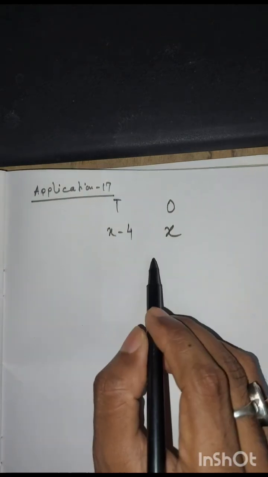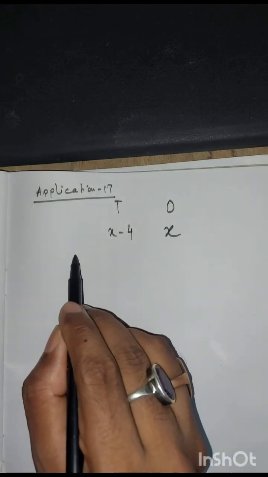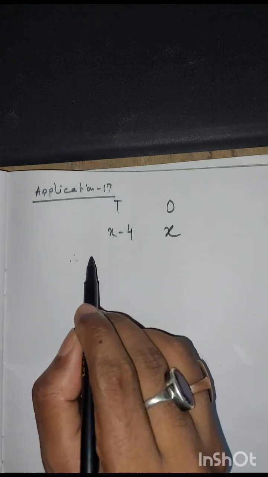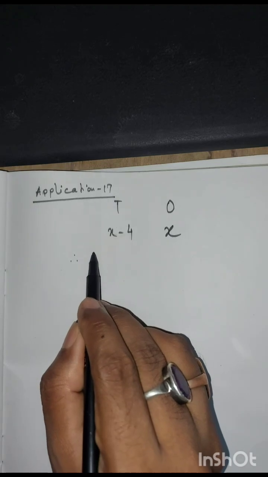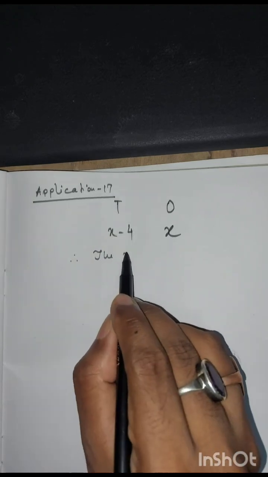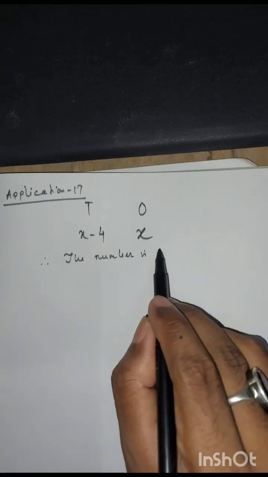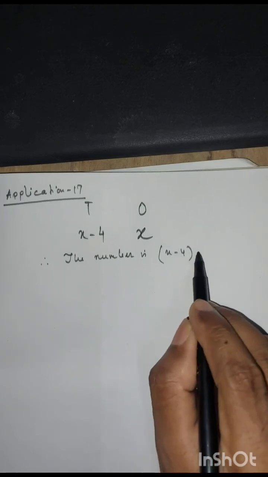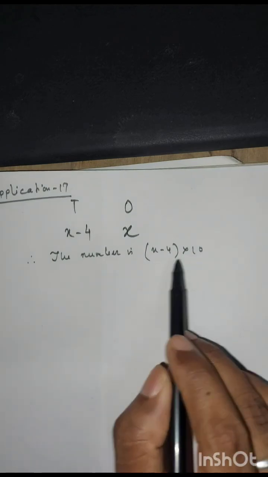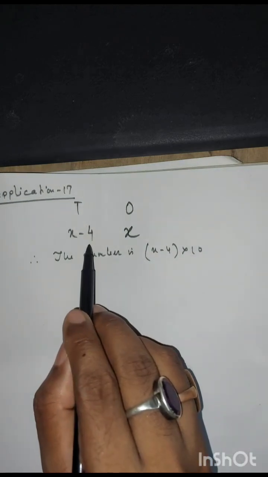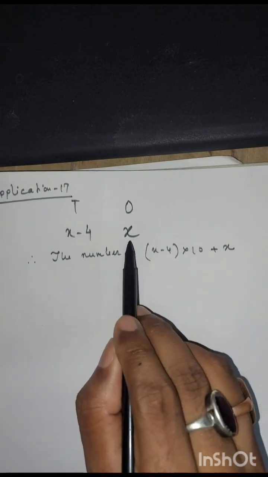Therefore the number is (x minus 4) into 10, this is the place value of this digit, plus x, this is the place value of this digit.